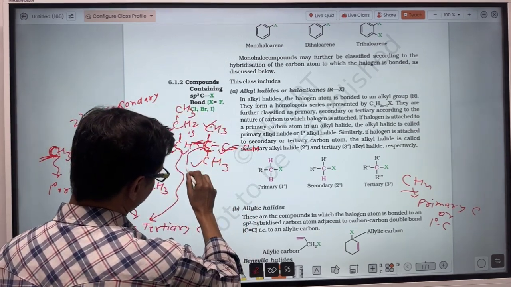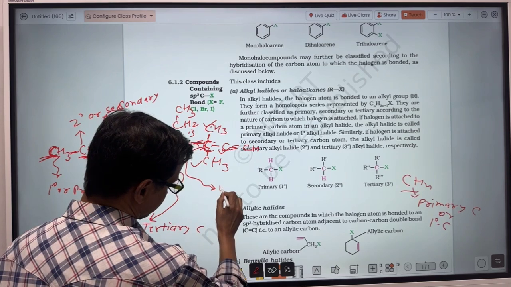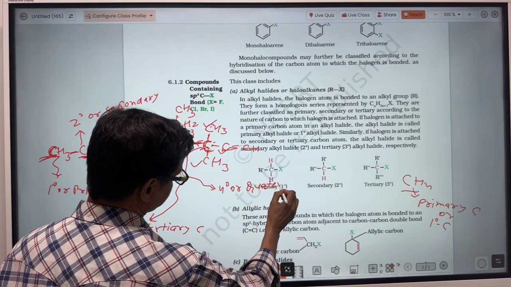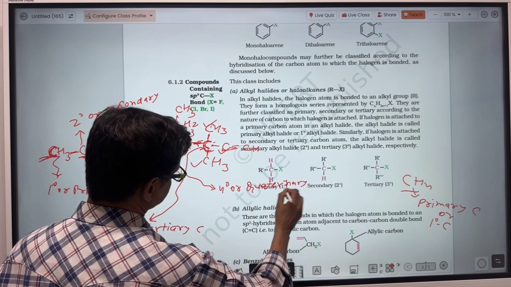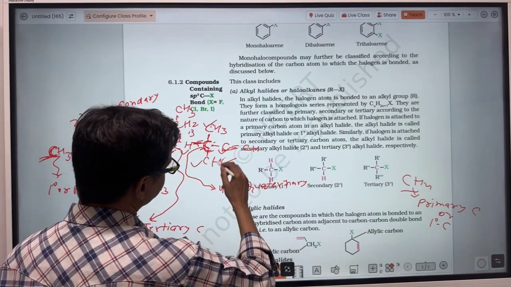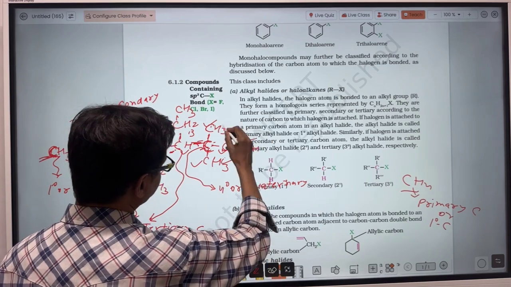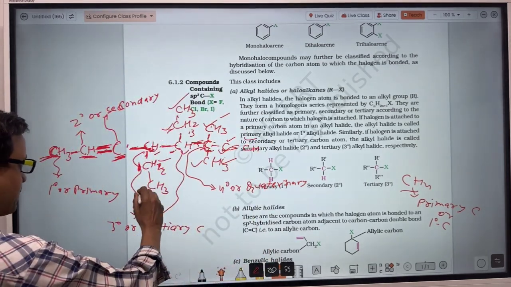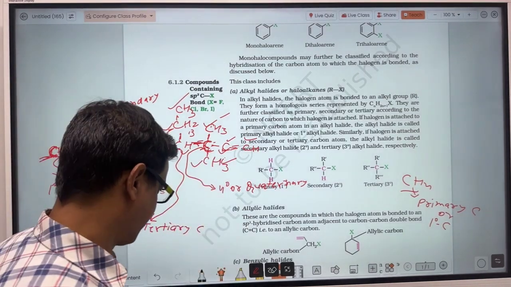So this carbon is doing bond formation with 4 carbon atoms. So that's why it will be called 4-degree or quaternary carbon atom. Now this carbon atom is also primary carbon, you know already. Here this will be secondary, primary, secondary, primary. Very easy it is.